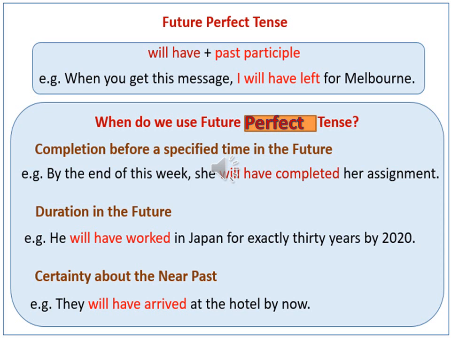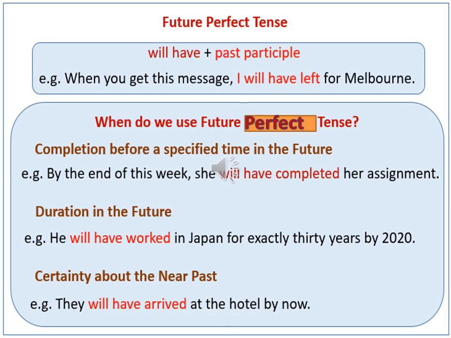It is also used to express the duration in the future. He will have worked in Japan for exactly 30 years by 2020. This tense is also used to express the certainty about the near past. They will have arrived at the hotel by now.